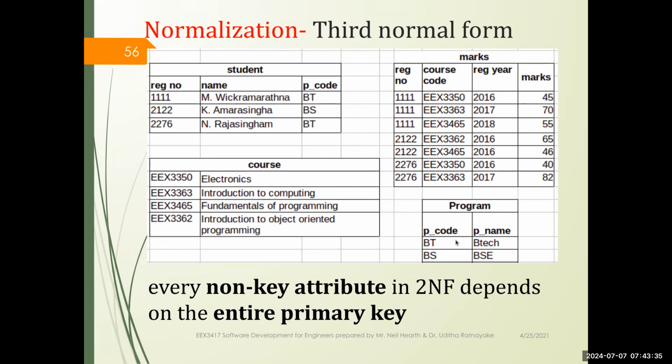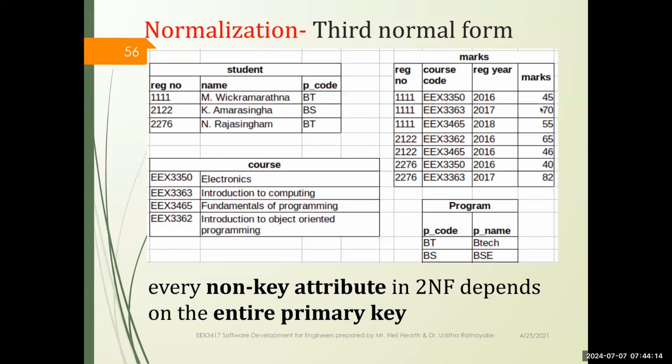Every non-key attribute in second normal form depends only on the entire primary key. That means if we change this name, this registration number also should be changed. Here, if this attribute changes, this primary key also changes. Here also, this registration number is changed.